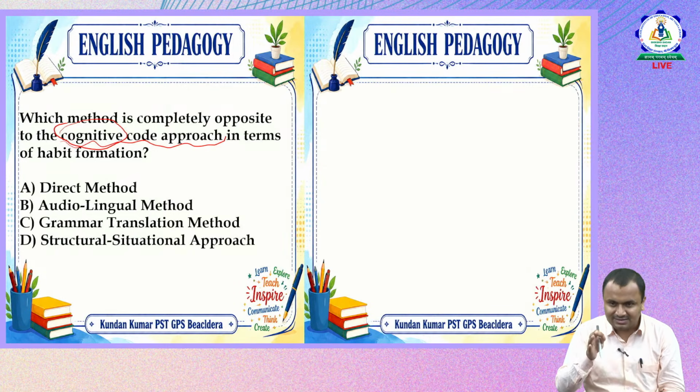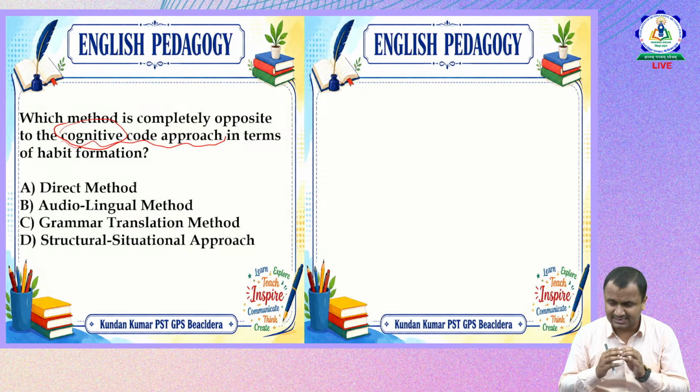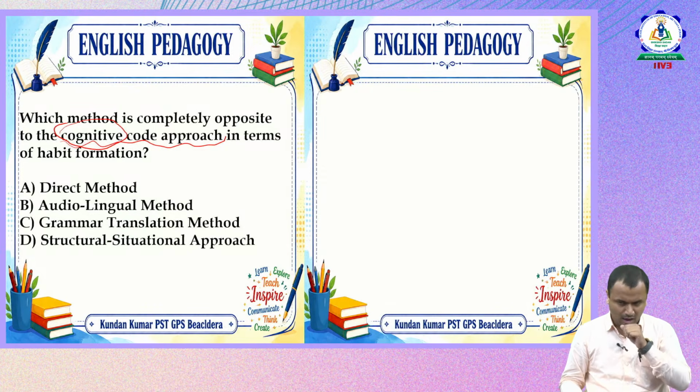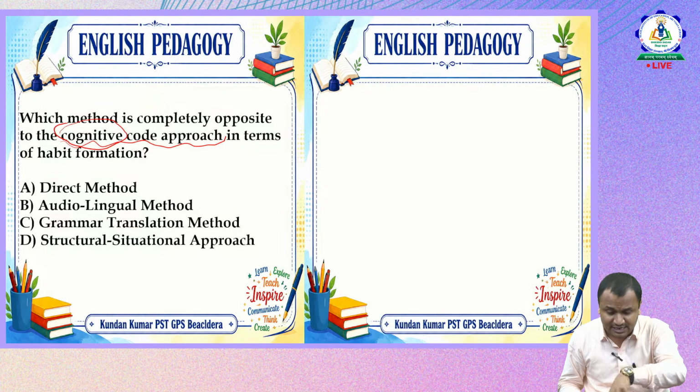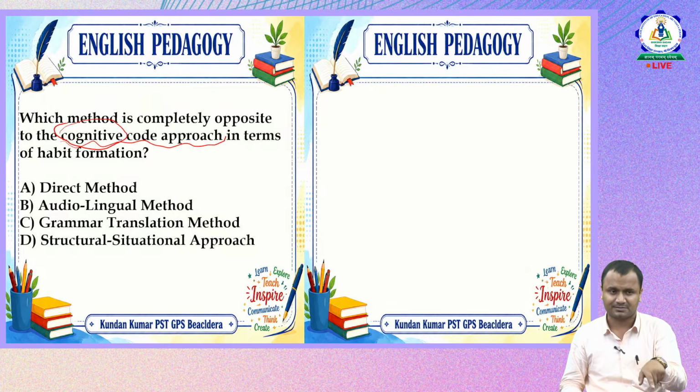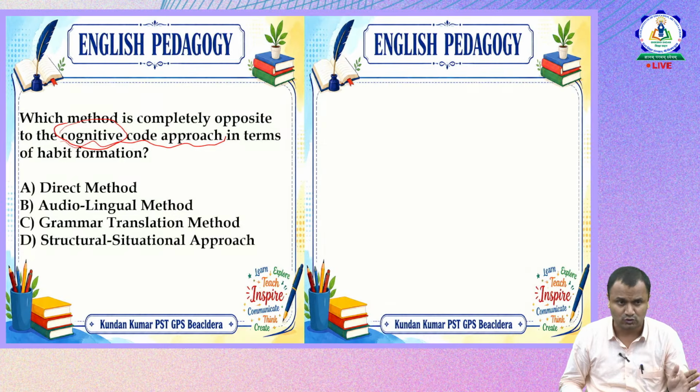Whereas in the audiolingual method, your creativity, your imagination has no use at all. You are expected to just imitate certain sets of dialogue, and use them in certain contexts that the teacher will make, the boundary the teacher will draw. So there is no use of cognition, attention, sensation, perception, imagination, memory.